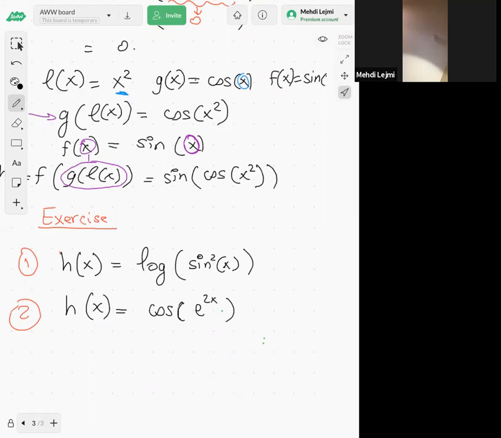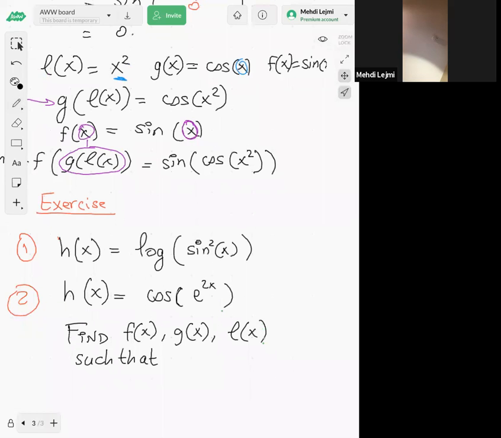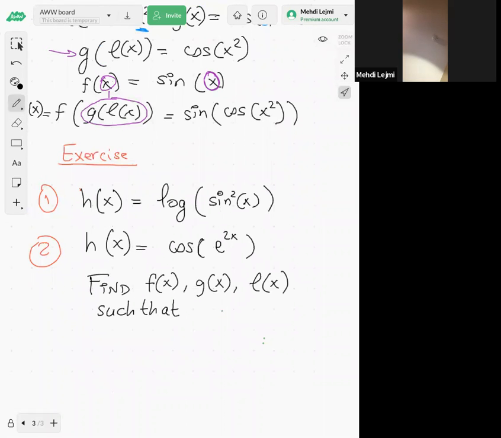Find f of x, g of x, L of x, such that h of x would be equal to the composition of the 3 functions, such that h of x is equal to f of g of L of x.